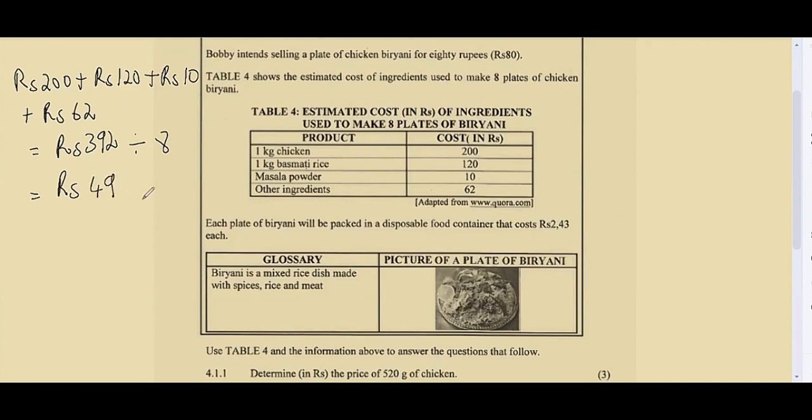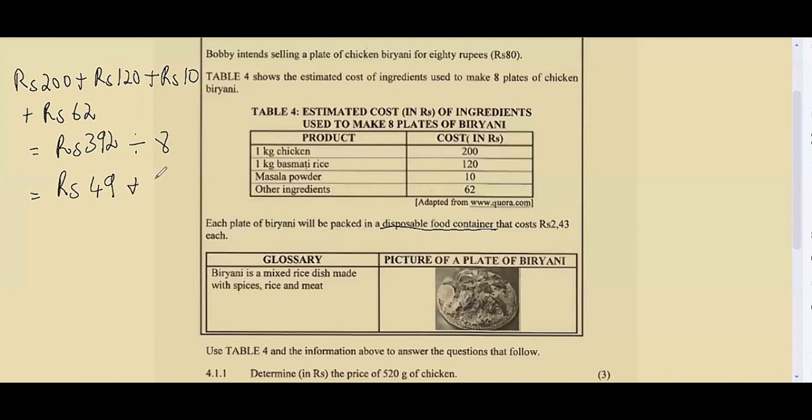But then remember, after making this plate of chicken biryani, we're not just going to serve it to our customers in a pot. We have to place it in a food container. We are being told here each plate of biryani will be packed in a disposable food container that costs 2.43 rupees. So we have to add that to the cost of making and packaging the chicken biryani.